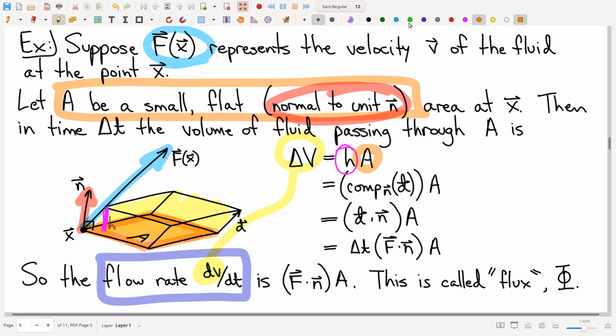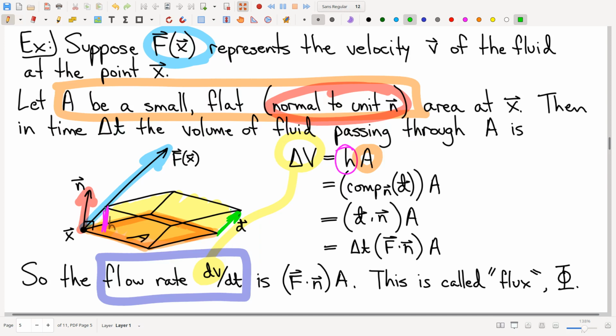It's going to relate to this vector here that I'm going to call d. Sorry, I wanted to be in pencil mode. That represents displacement. Now the amount that a given piece of fluid has been displaced in our amount of time, delta t, is something we can write down a formula for, and we'll do that in a second.